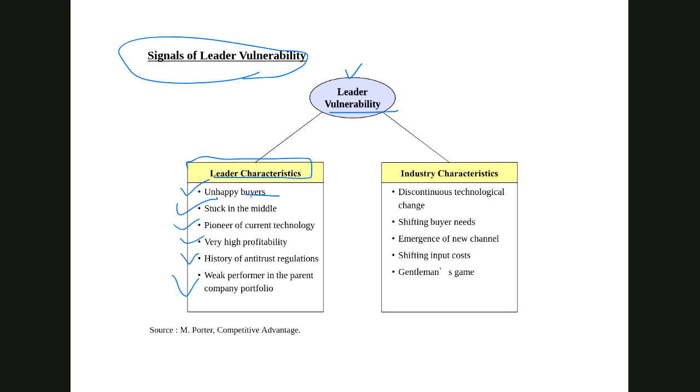And there are mobile phone industry characteristics: discontinuous technology changes, and many competitors are coming with totally new technology, and shifting buyer needs. Many times, continually, people look for another level of technical options. The fleet mobile phone, and the emergence of new channels.